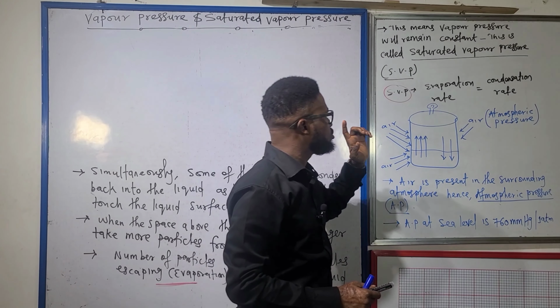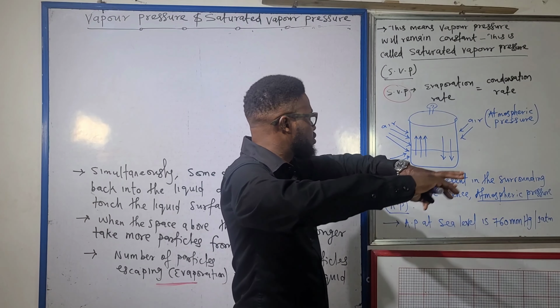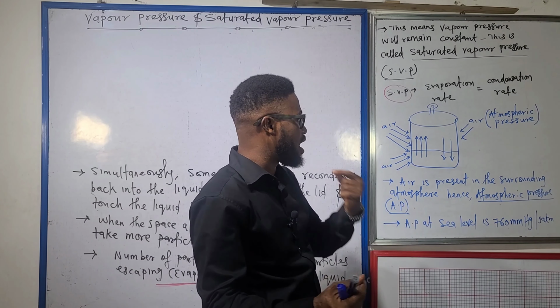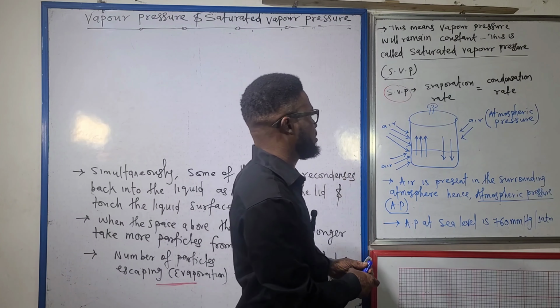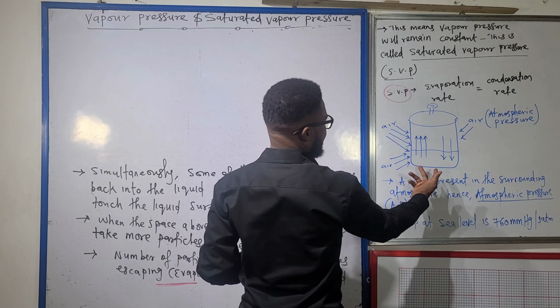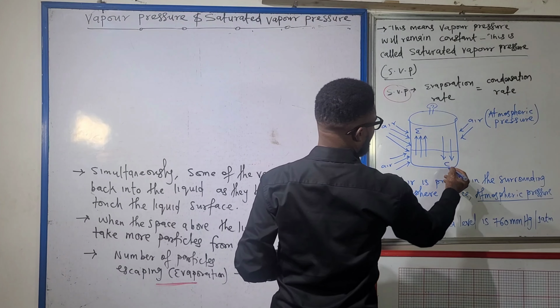Also, you need to understand that the atmosphere around us contains air, and therefore we talk about atmospheric pressure. Let's say this is a vessel containing a liquid, and when we heat, evaporation occurs this way and condensation occurs this way.